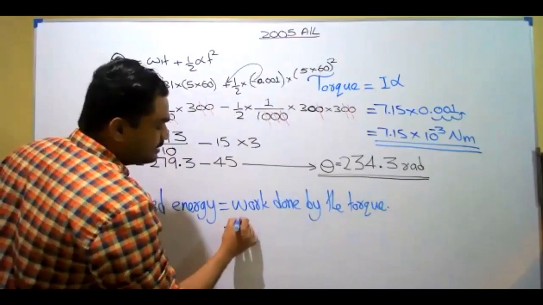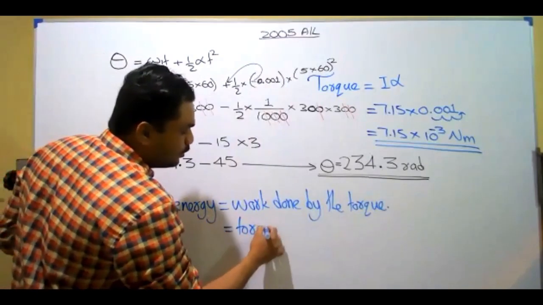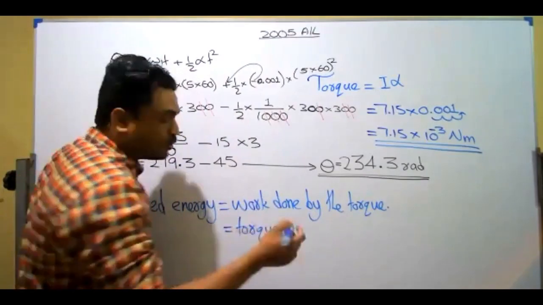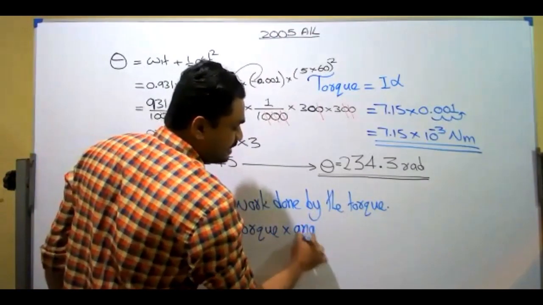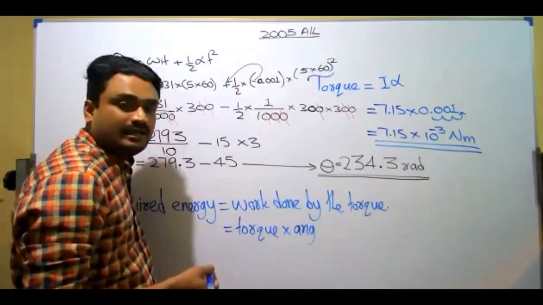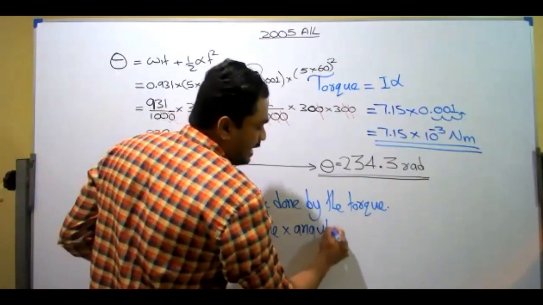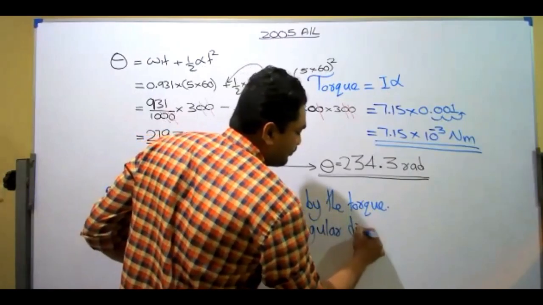Work done by the torque is equal to torque into, we can write tau theta, or torque into angular displacement. I'll write this equation completely because there may be some new students. So torque into angular displacement.